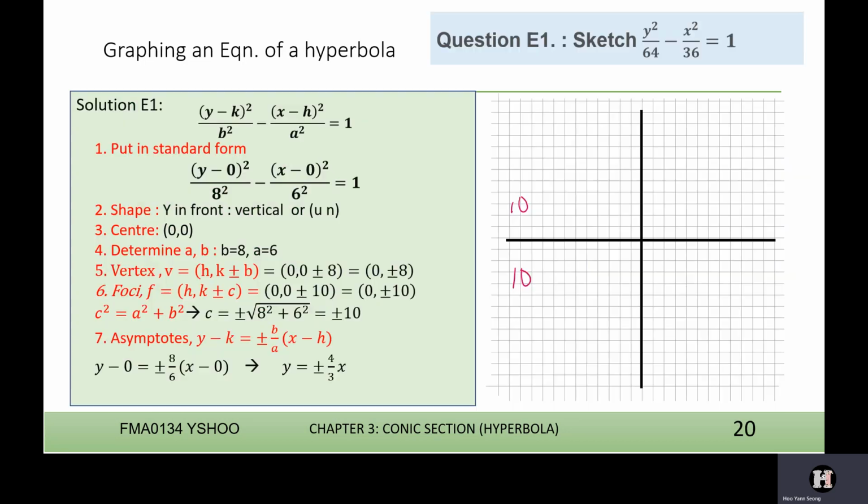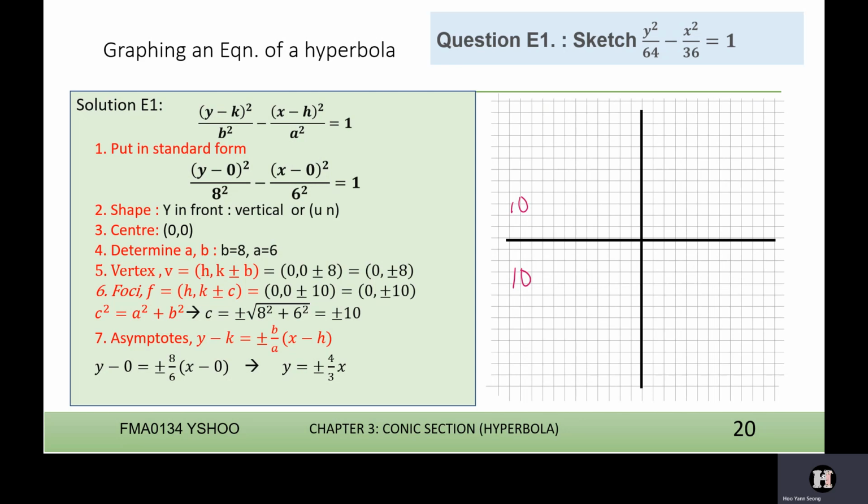Let us look at the first one. Let's say we have a simple hyperbola, y squared over 64 minus x squared over 36 equals 1. This is almost a standard form, but we write 64 as b squared, and for a, 36 is actually 6 squared, so we have 6 to the power of 2.